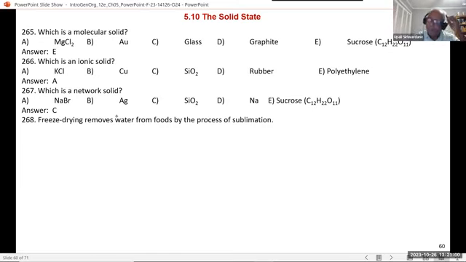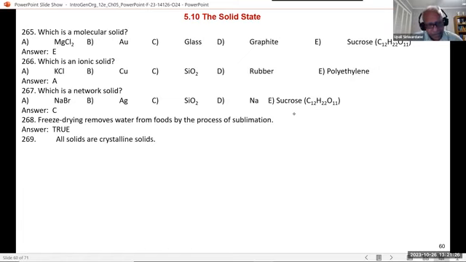Solid to gas is sublimation. Freeze drying processing includes solid being converted directly to gaseous water, ice to water gas. That's a true statement.